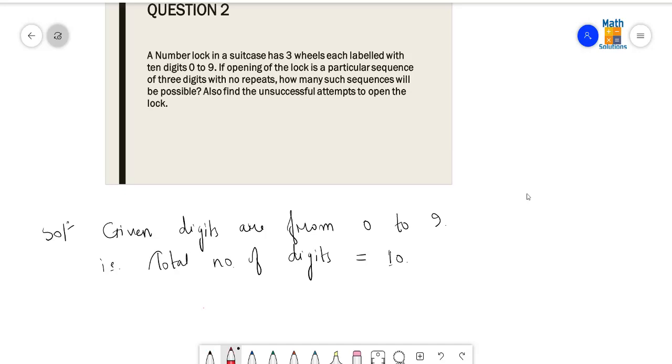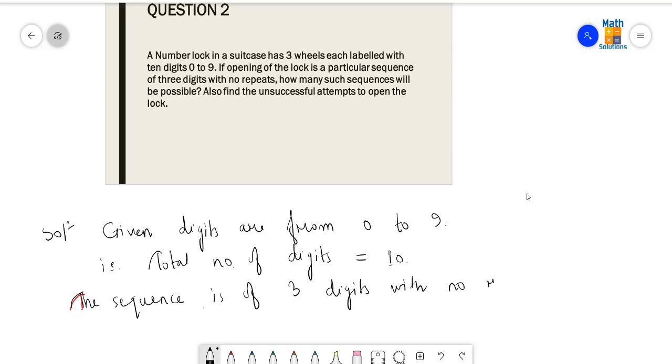So after this, what do we have to write? The sequence is of 3 digits with no repeats.